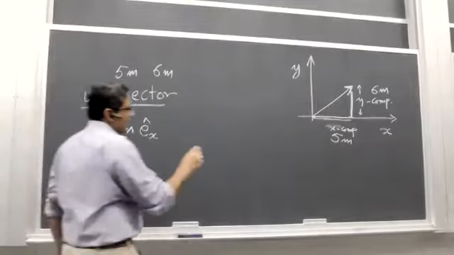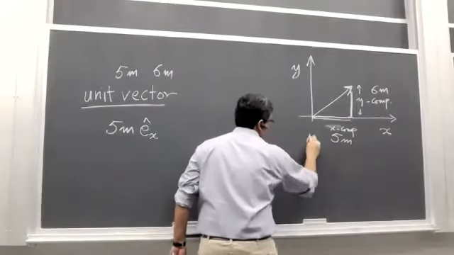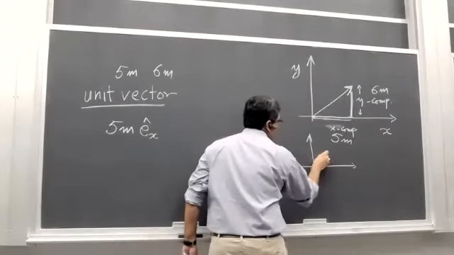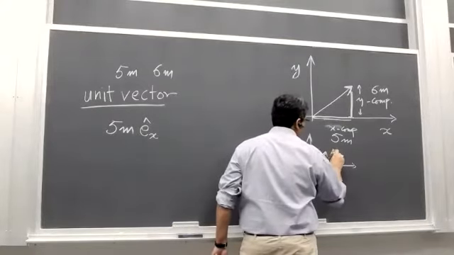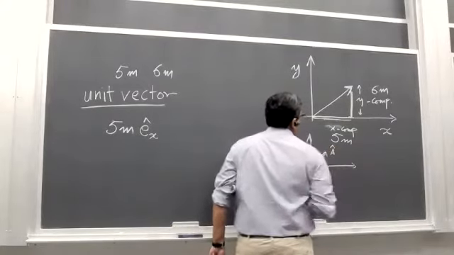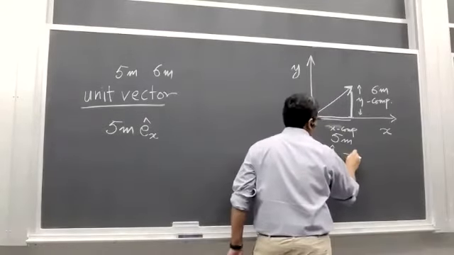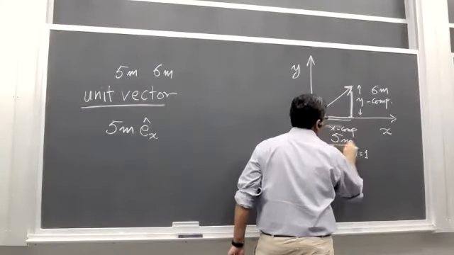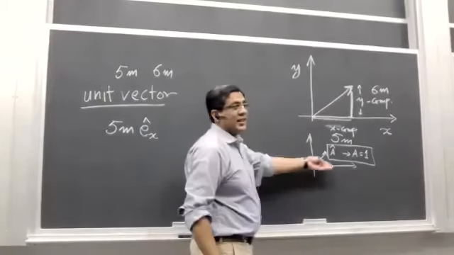A unit vector has a direction. A unit vector has a particular direction, any direction basically. Let's call it A. But its magnitude, its length is always 1. That is what a unit vector is. A unit vector is just like any other vector.